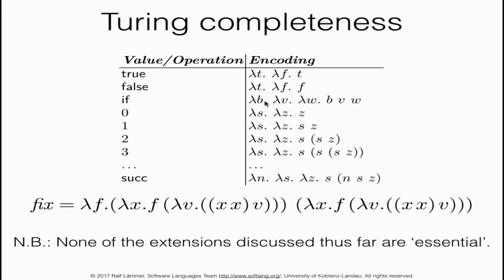Which means we can really encode if and true and false and all the natural numbers. And here's also the encoding of the successor function, which essentially applies s one more time. Well, and here is how we can even represent a fixed point combinator within the lambda calculus.